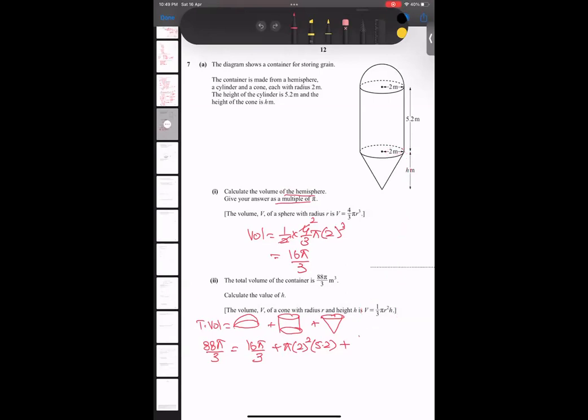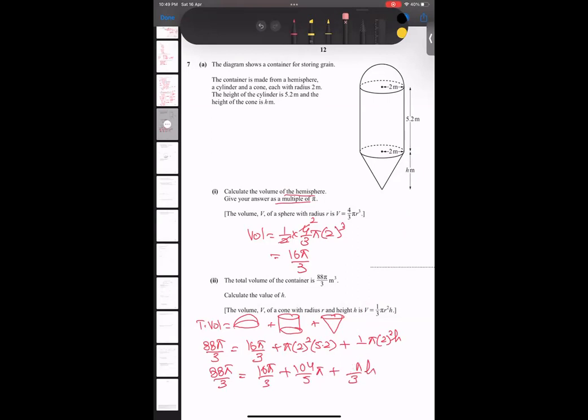So 1 by 3 pi r square times 2h. So 88 pi over 3, 16 pi over 3. So let me type this one. So 2 square 4 times 5.2, I'm getting 104 over 5 pi. And here I got 4 pi over 3 times 2h.